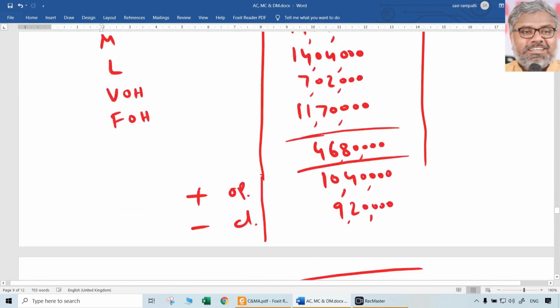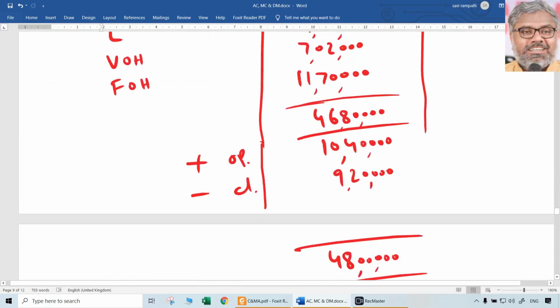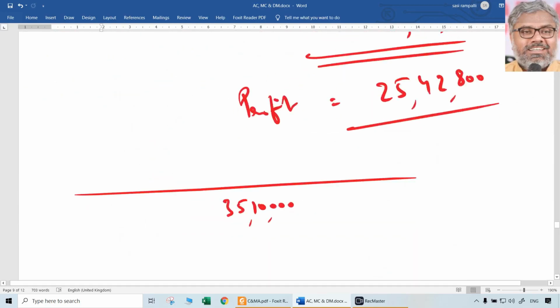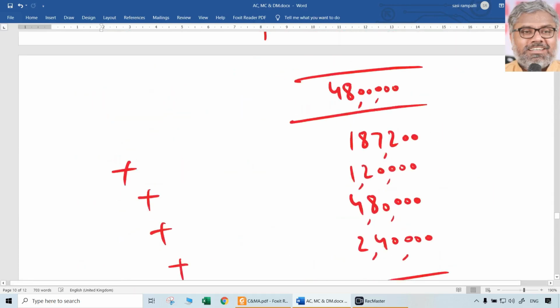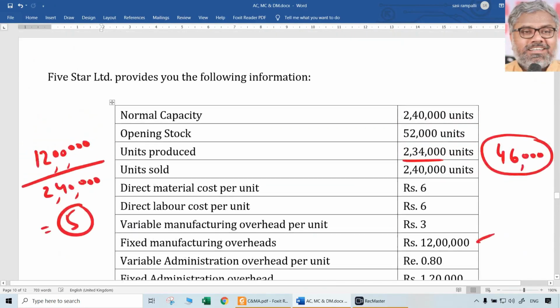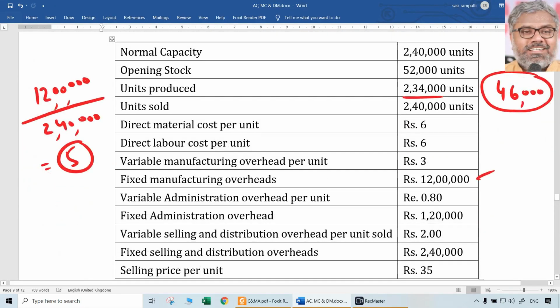But for that we need to add opening stock and closing stock. Opening stock and closing stock are also valued at variable cost only. So variable cost will be how much? Once again 6 plus 6 plus 3, that means only 15 rupees. So 15 into opening stock 52,000.